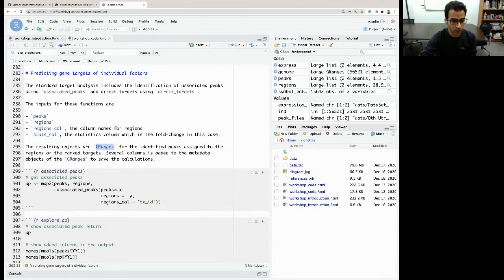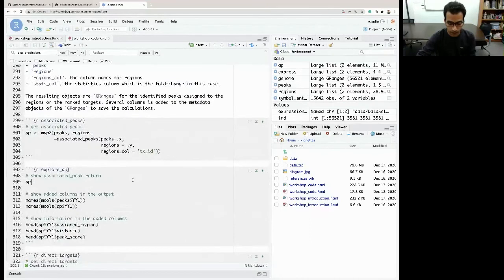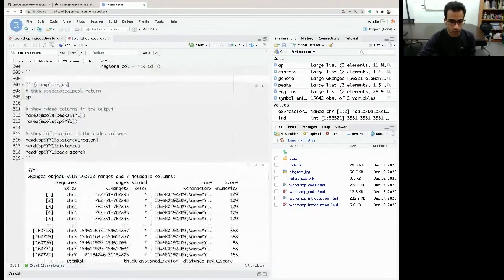Then the result would be another GRanges object, and for the associated peaks it would have the assigned peaks. So it will find all the peaks within the ranges that we selected, and then assign these peaks to the nearest gene. And then several columns are added containing the scores and the ranks. So I'll go on and execute that. And this is the object that we get.